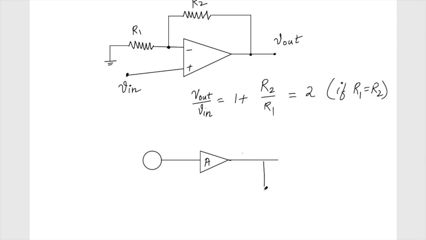The output is again fed back to the input through a feedback part, which is generally represented by beta. This is a very common thing in control systems or signal systems. Then we feed this back to the input, and of course this is my input.